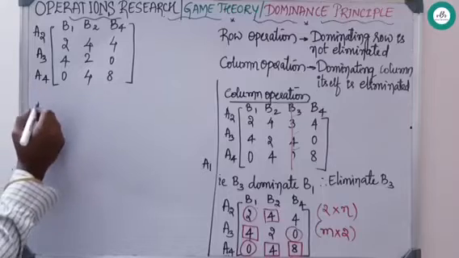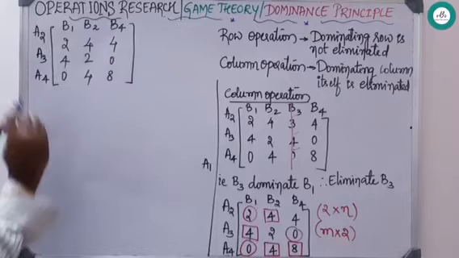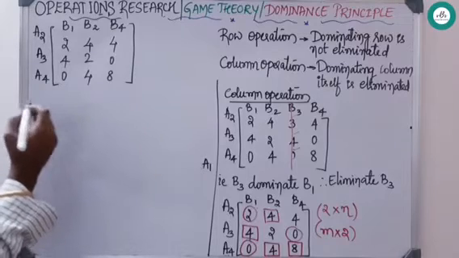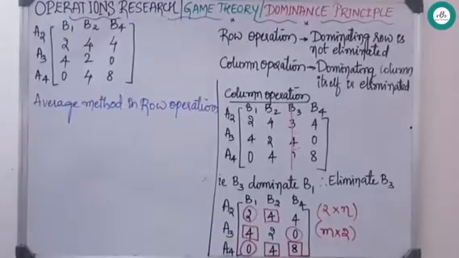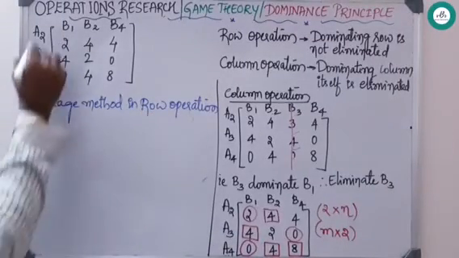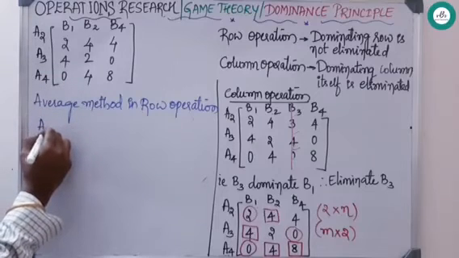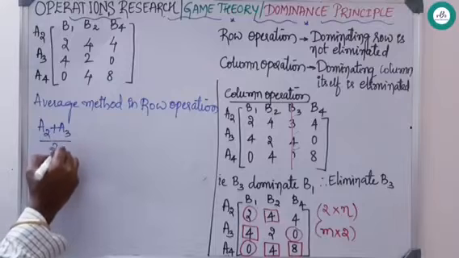So what you need to do is, further you should proceed with an average method. Remember, average method means taking an average of 2 rows or 2 columns. Proceeding with the average method of a row operation, what we need to do is take an average of the first 2, that is A2 plus A3 divided by 2.